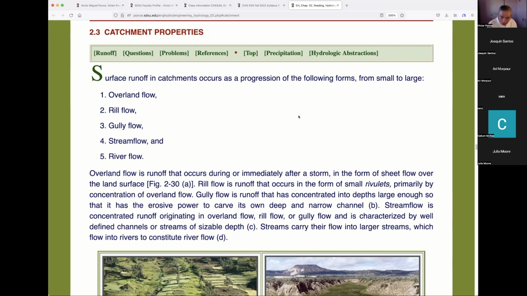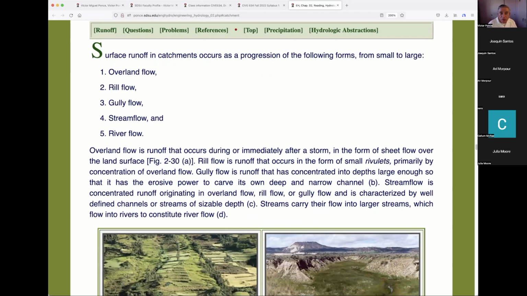So in my book I classify catchments into small, medium-sized, and large, and then use the word watershed loosely to denote small catchments, and basin, large catchments. Catchment is the all-encompassing word for a part of the surface of the earth that collects runoff at one point.